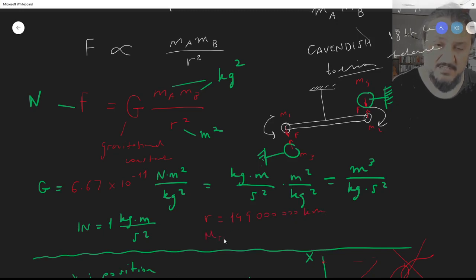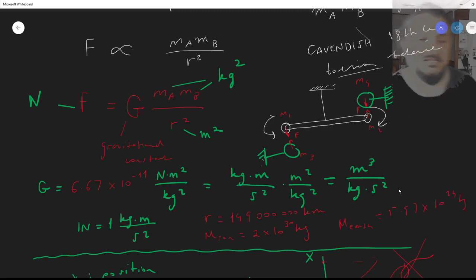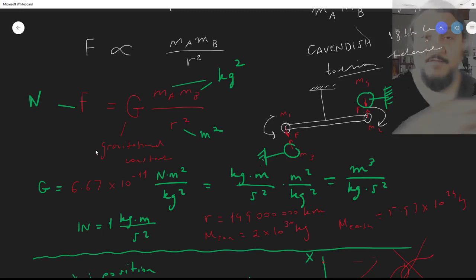Mass of the Sun is 2 times 10 to the 30th kilograms, and mass of Earth is 5.97 times 10 to the 24th kilograms. So use these three numbers and G here and find what F is, okay?